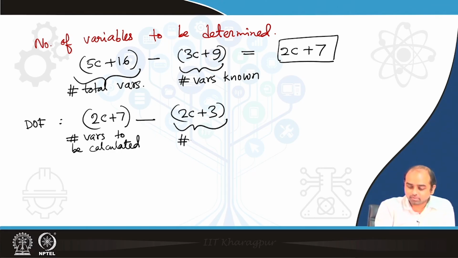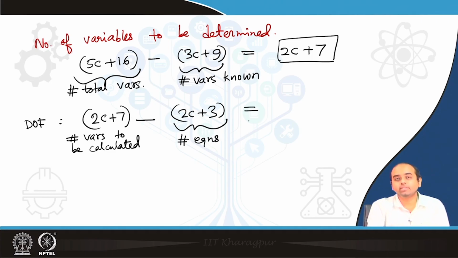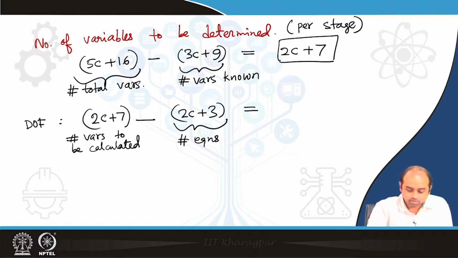We have already listed the number of equations, that is 2c plus 3, right. So these many equations per stage, everything is per tray or per stage. So you are left with 4. There are 4 degrees of freedom per stage in this case, right.